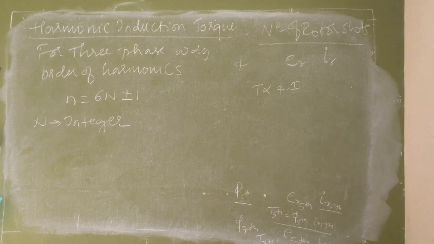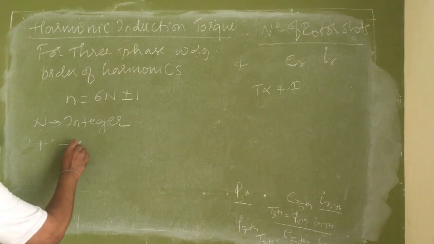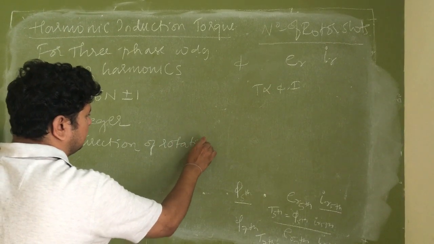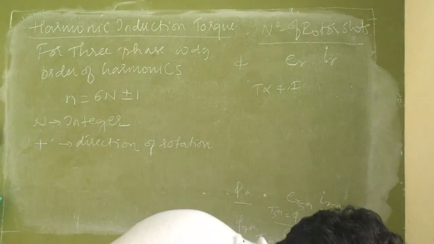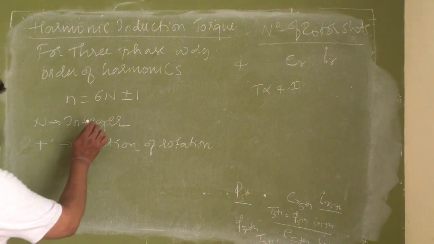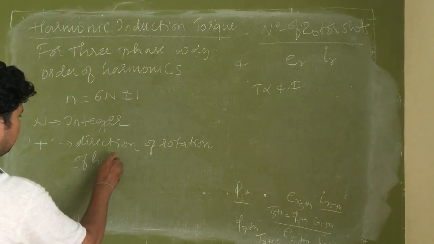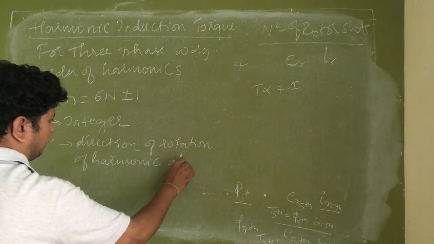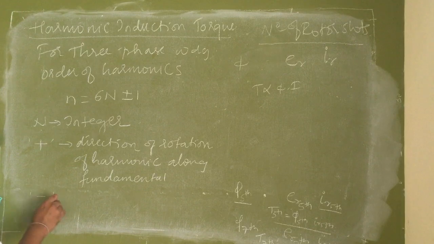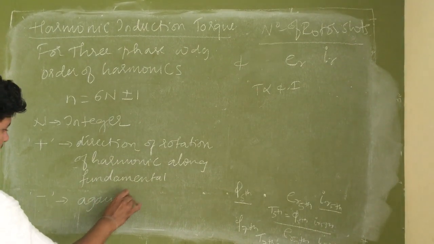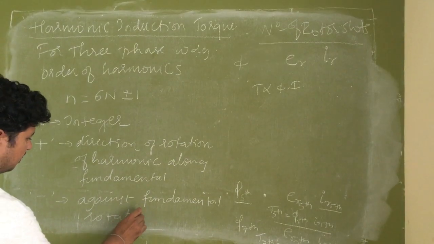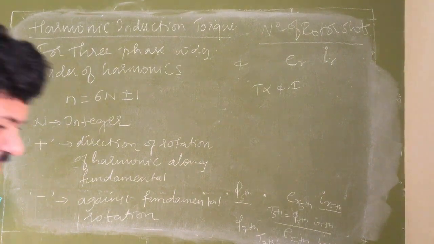Okay, so plus indicates the direction of rotation of the harmonic along the fundamental, and minus indicates rotation against the fundamental rotation.